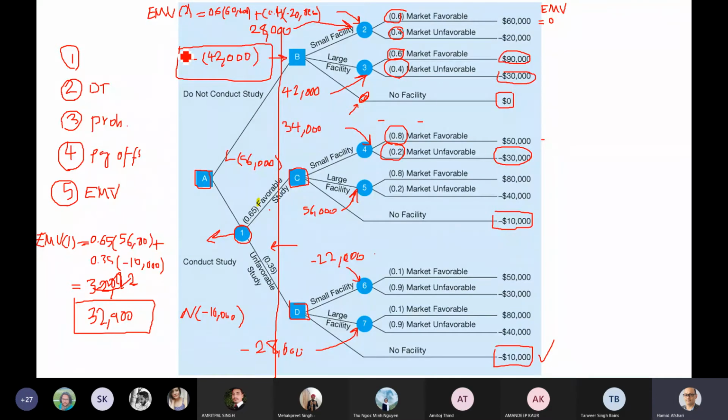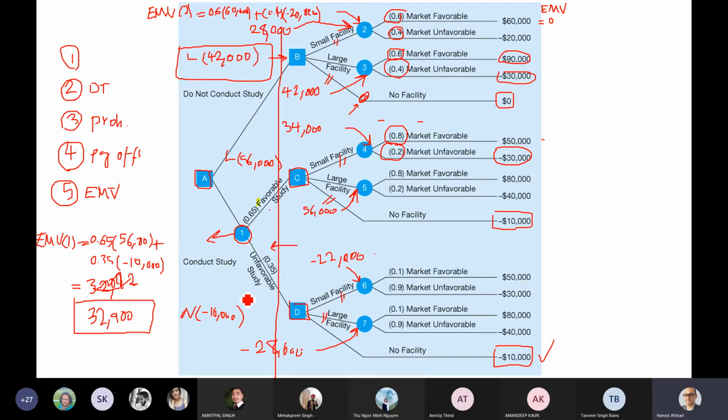Second point, what is the best option in terms of size of facility? We should construct a large plant. That's right. So if I go one by one and cut the branches, starting from here, I should cut this branch and this branch, and here this branch and this branch, and here this branch and this branch.